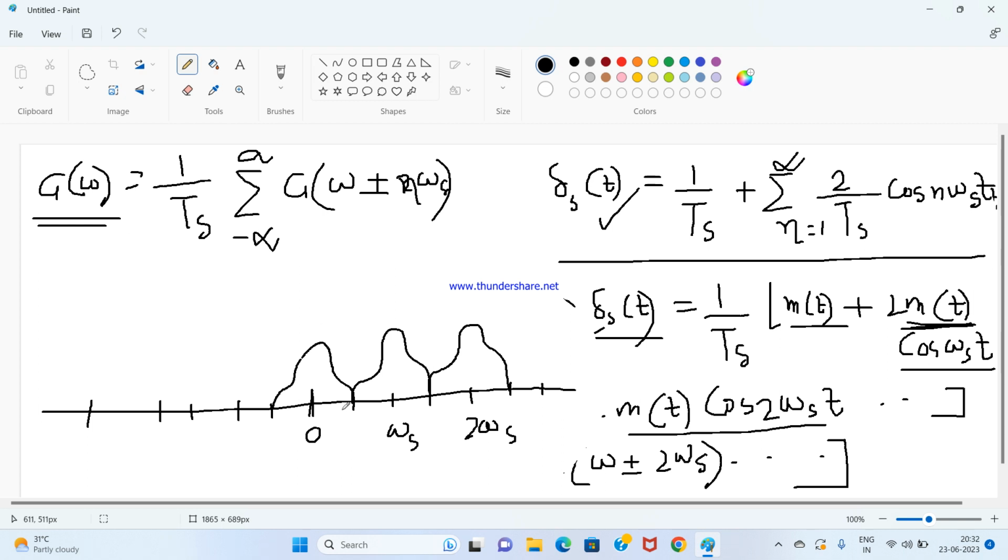Band limited by B hertz means this is B and this is minus B. Fine. And here also this is omega s plus B, and this point is omega s minus B, like that. So absolutely in this case there is no problem if we try to reconstruct the signal.